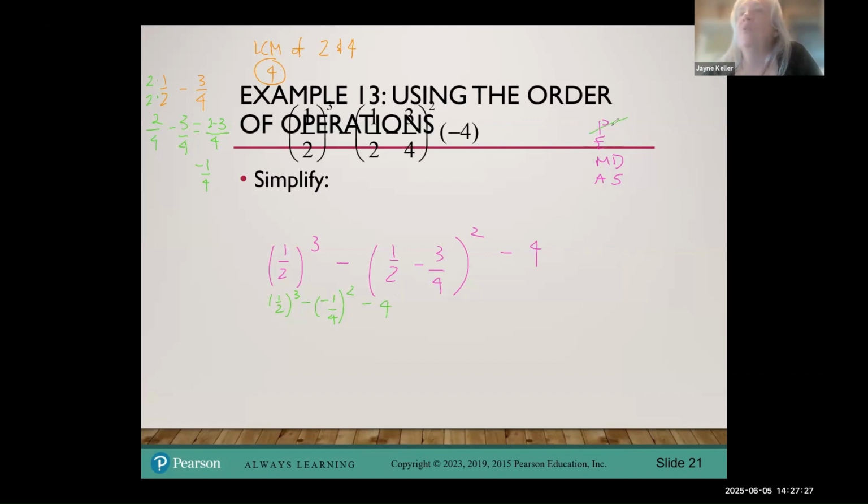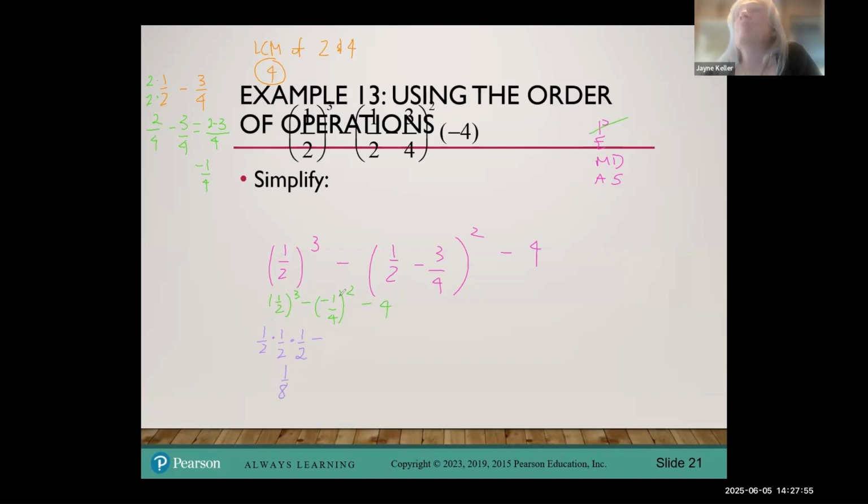Now I want to do the exponents, and you might want to rewrite those as multiplications. So what does 1/2 cubed mean? It means we multiply 3 times, right? So 1 times 1 times 1 over 2 times 2 times 2 should be 1 over 8.